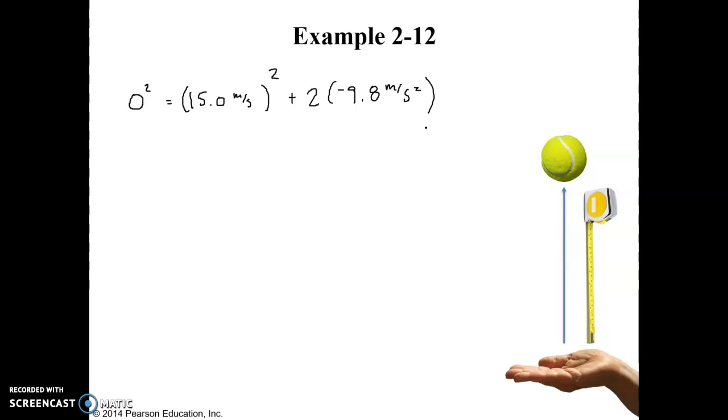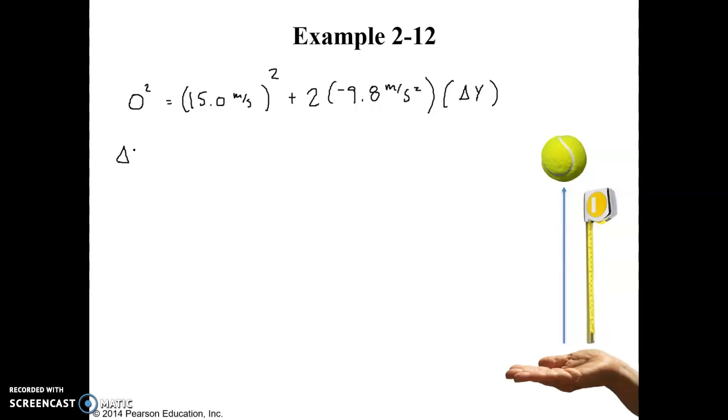That's our acceleration, and it's going down, so that's why it's negative. Multiplied by our change in y, I'm just going to call delta y for simplicity for writing it down. So this is the equation we now need to solve for delta y. That's going to tell us how far up in the air we go.